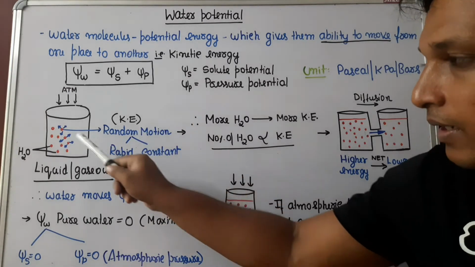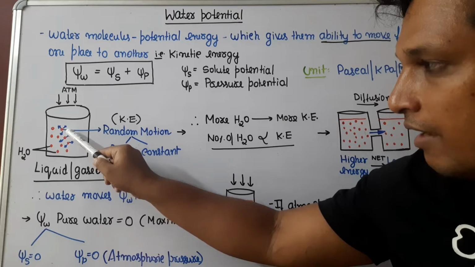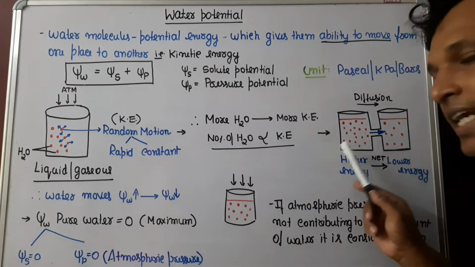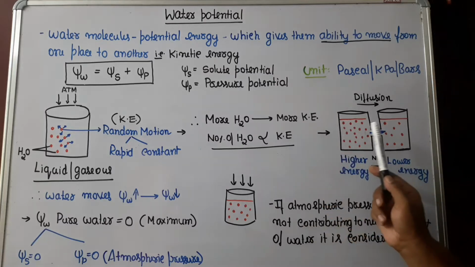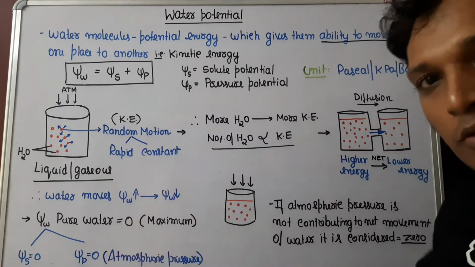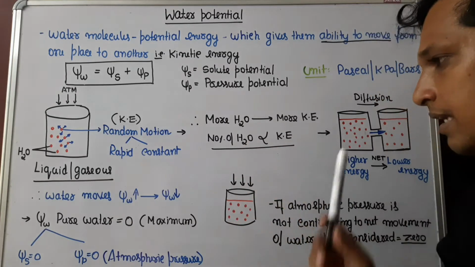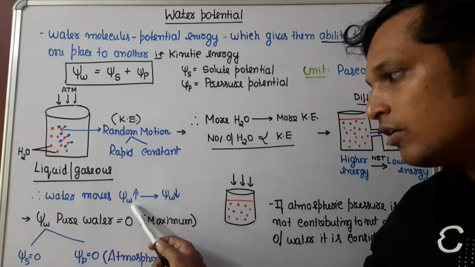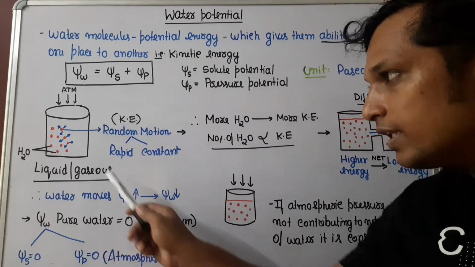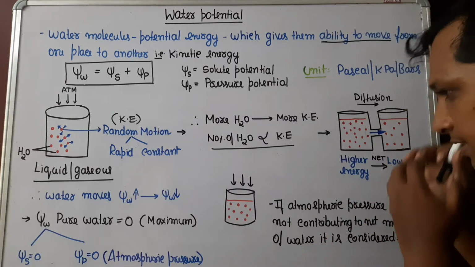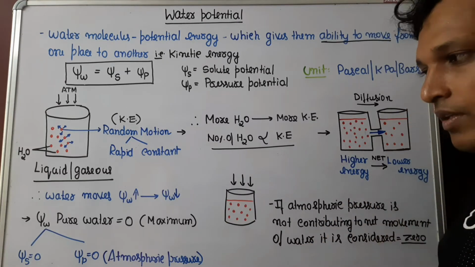So, what has happened? Individual water molecules have random motion. But when they get a system where there is a gradient, the net motion will be from higher to lower. Therefore, what we can conclude from the example is that water always moves from a region of higher water potential, where there is more energy, to a region of lower water potential, where there are fewer molecules and less energy.